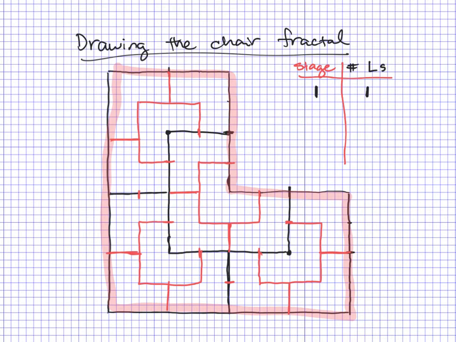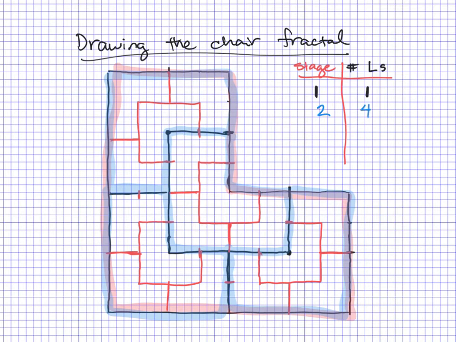And they're not losers, there's just the L shape, okay? Stage 2, I had this L right here, this one, this one, and this one, so that gets me 4. So in stage 2, I had 4.